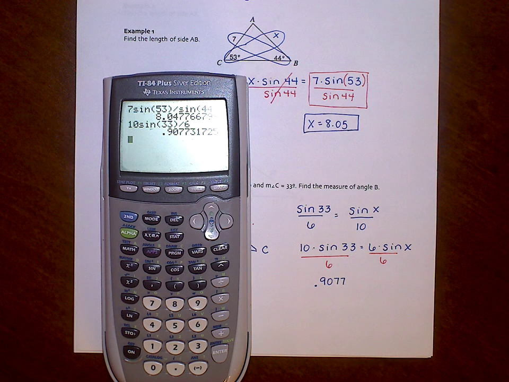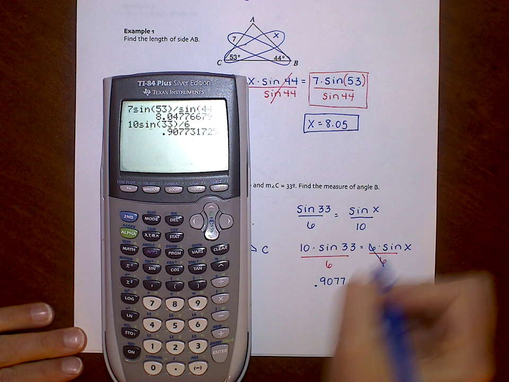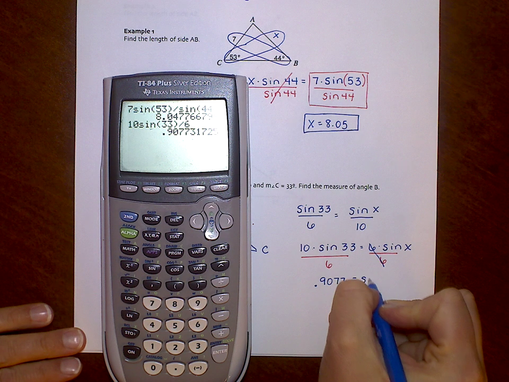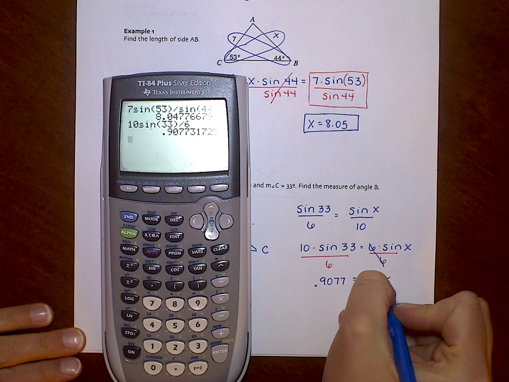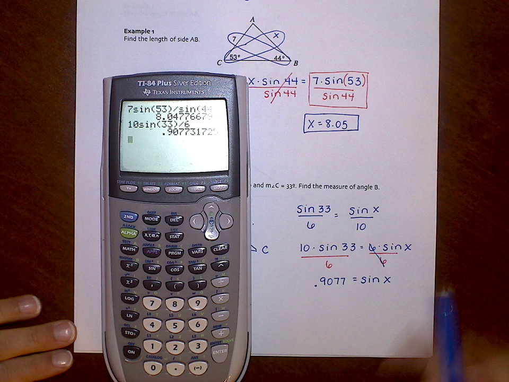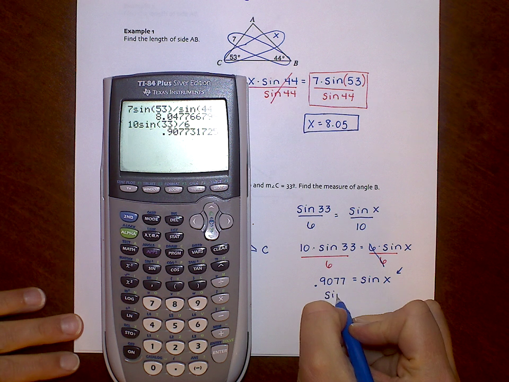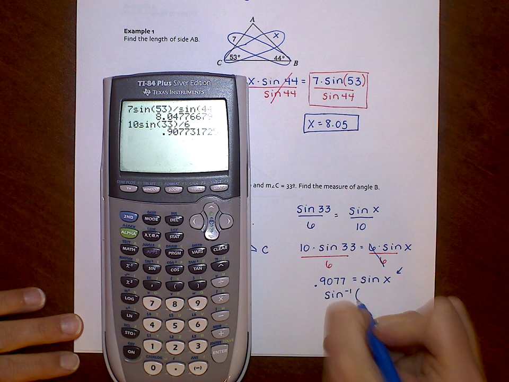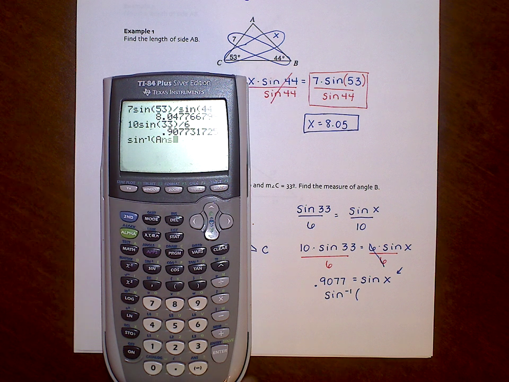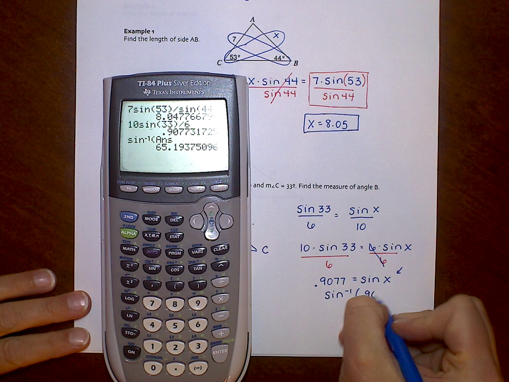Well, the problem is that's not really an angle measure, right? That is what's left over here. This is the sine of x. It's not x. Okay, we just solved for the sine of x. And so remember, anytime you have this situation where you're looking for the angle, you're going to end up having to use the inverse trig function. So now I'm going to do the inverse sine of that value. Okay, and it tells me that this is 65 degrees.